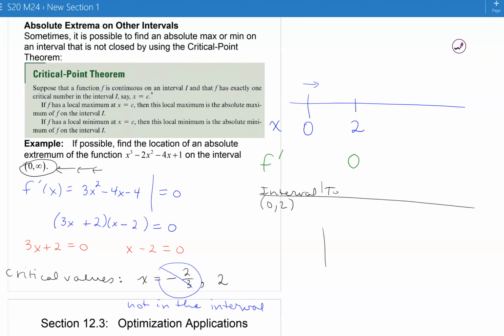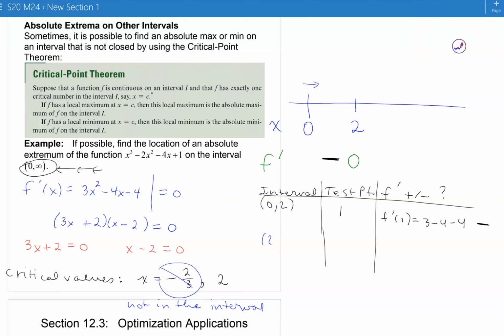Let's pick 1 and say, what is f prime doing? Is it positive or negative? So f prime of 1 is going to be 3 minus 4 minus 4. So that's negative. So in that interval from 0 to 2, the first derivative is negative.